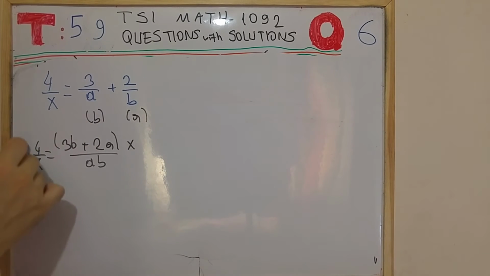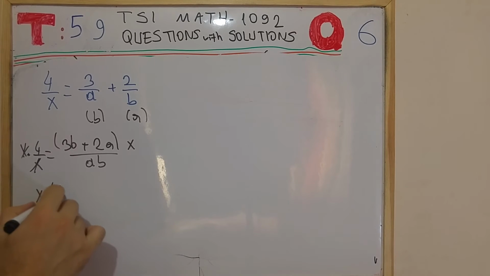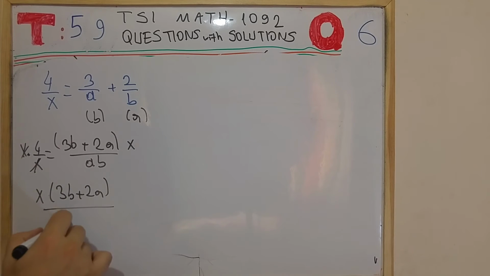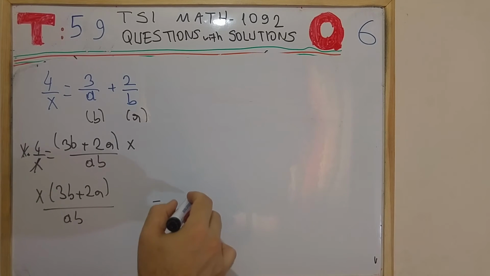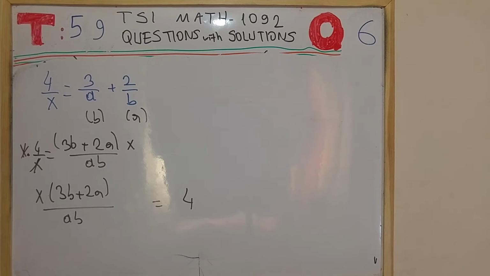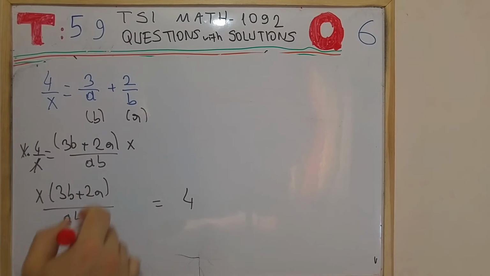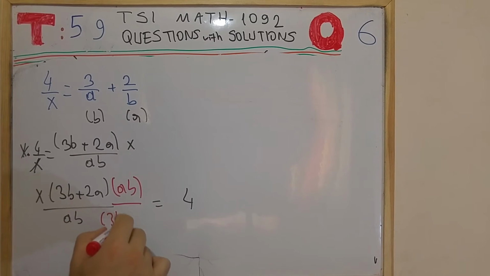Now what I have is x times (3b plus 2a) over ab is equal to 4. Now let me multiply each side by the reciprocal of this term, which is ab over (3b plus 2a).